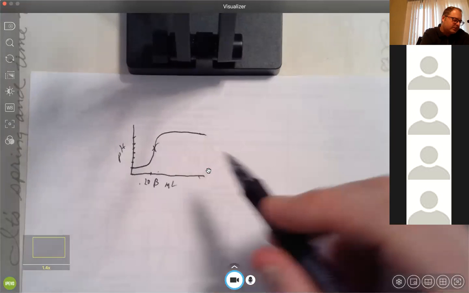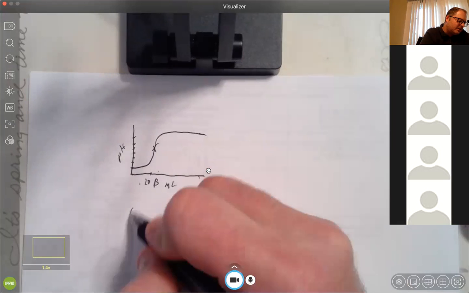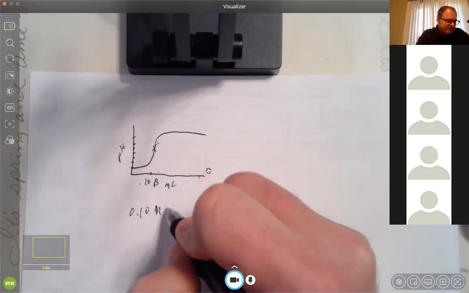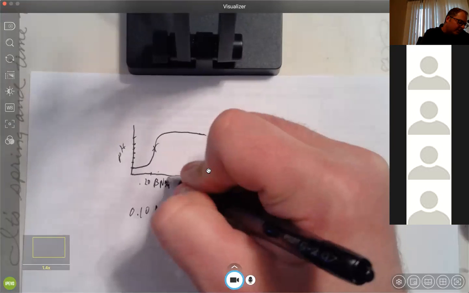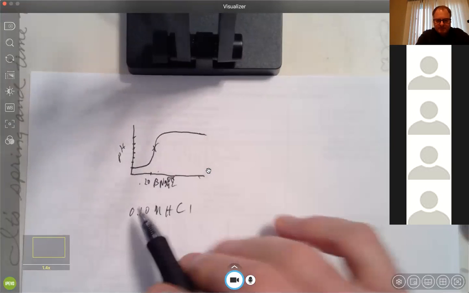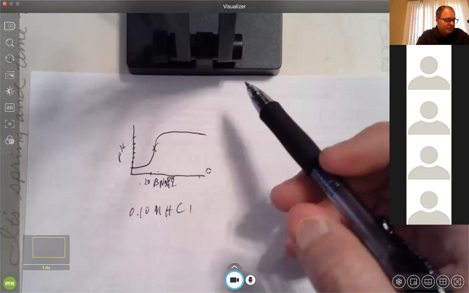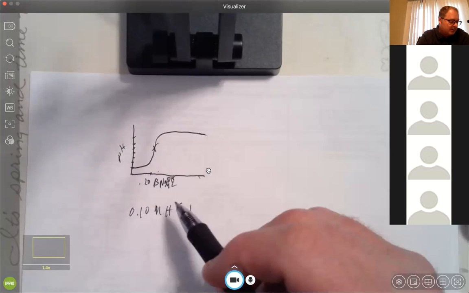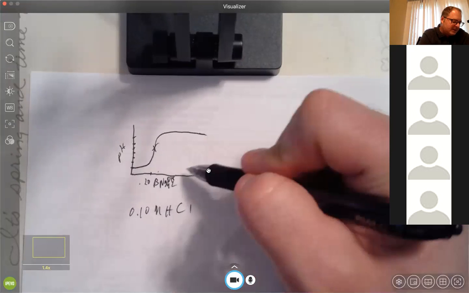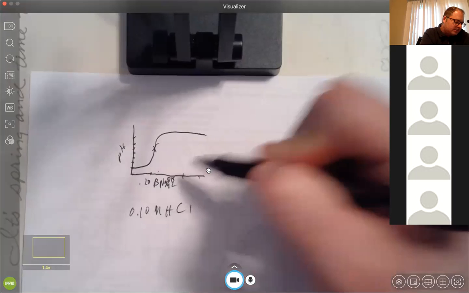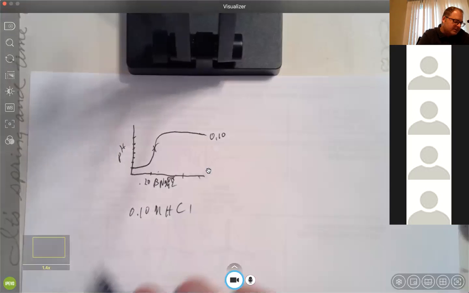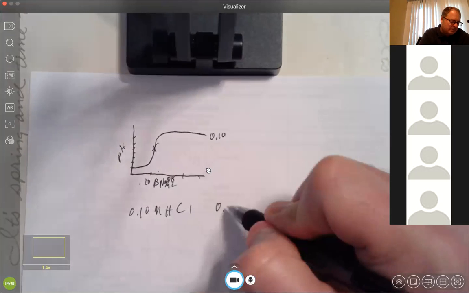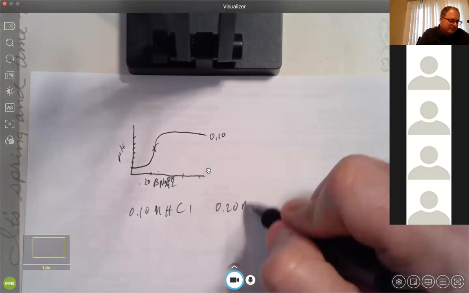Then they said this was with a 0.10 molar HCl, and this is NaOH, and I don't remember what the molarity of it is, maybe 0.2 or something like that. But then they wanted you to draw a 0.20 molar HCl.